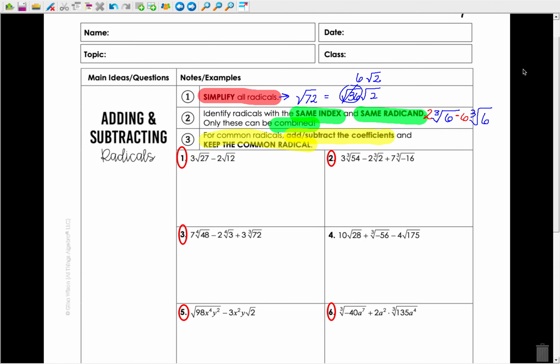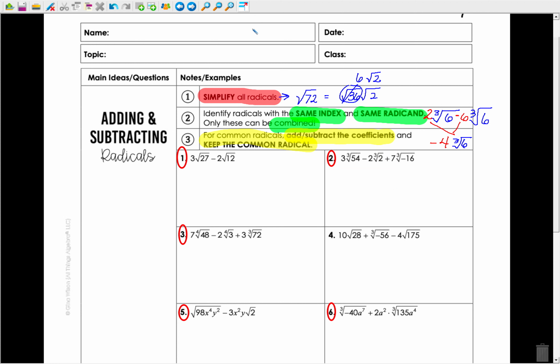Look at the example that I just wrote. This has 2. This has a -6. You would just take 2 minus 6 to get -4, and then you would keep the radical, the cube root of 6. That's what it means when it says add or subtract the coefficients.